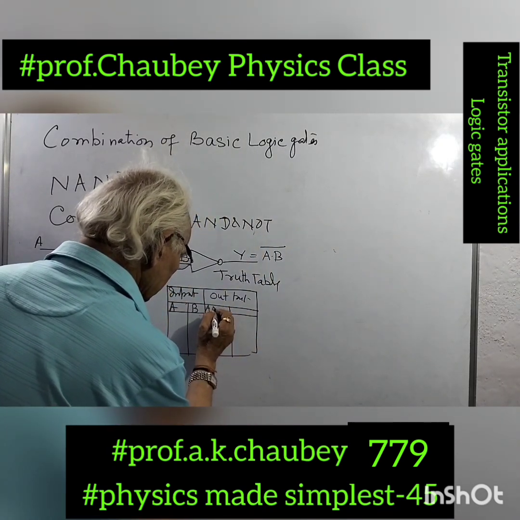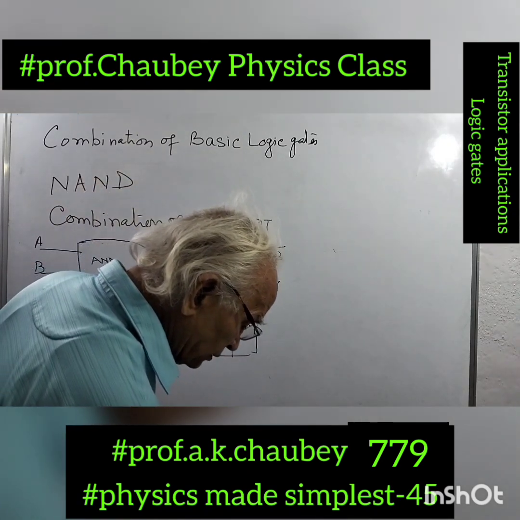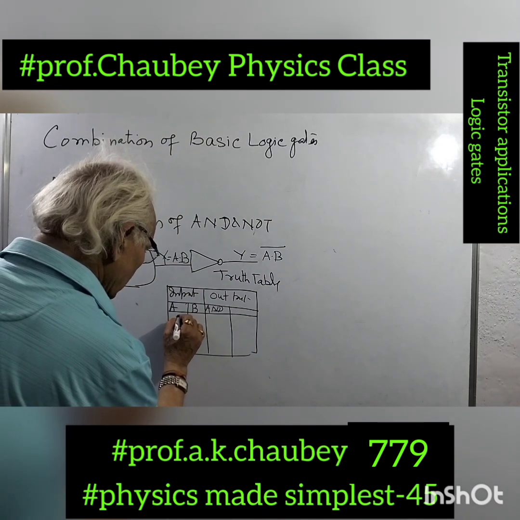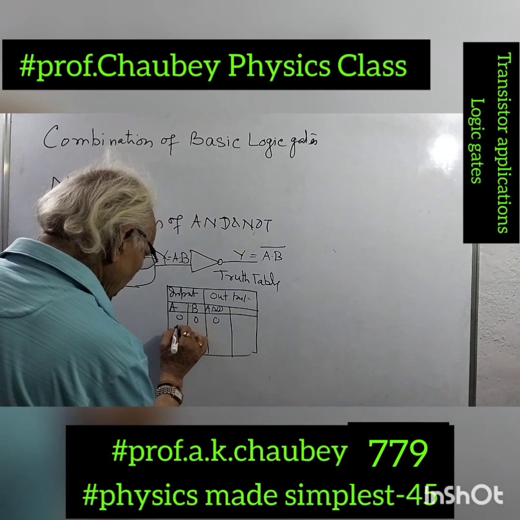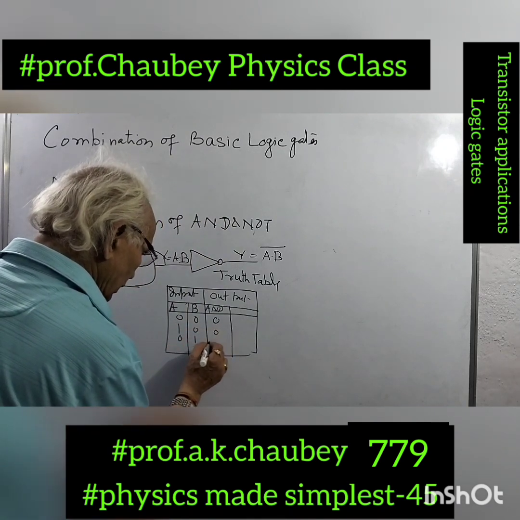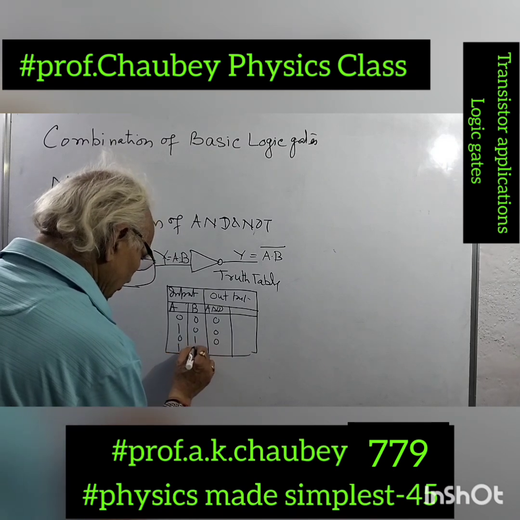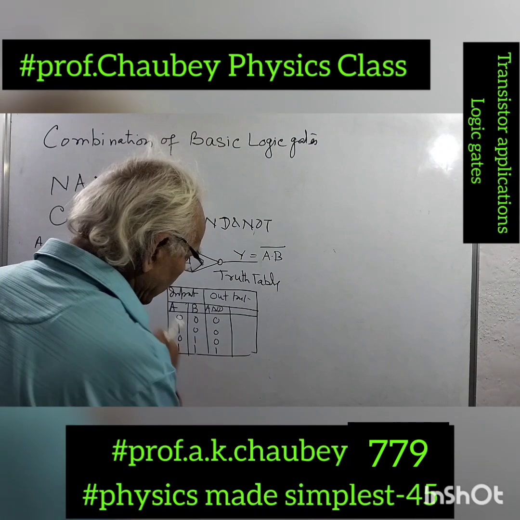The truth table is: 0, 0 gives 0; 0, 1 gives 0; 1, 0 gives 0; and 1, 1 gives 1. Both A and B are present, then the output is 1. So this is the AND gate.